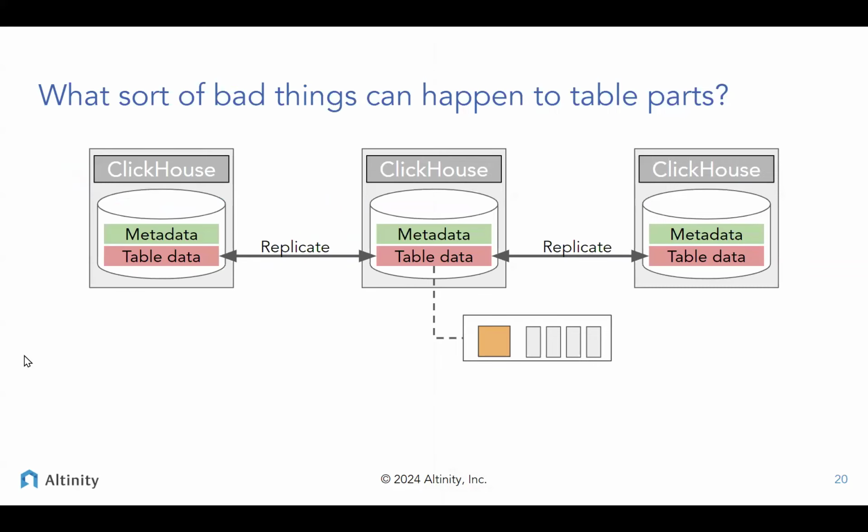Let's look at a simple view of a cluster where we have replication between three ClickHouse nodes, and we have a part that's living happily on one of these nodes. If it's replicated, you would expect to see that exact part on all three replicas, but I just drew it on one for clarity.